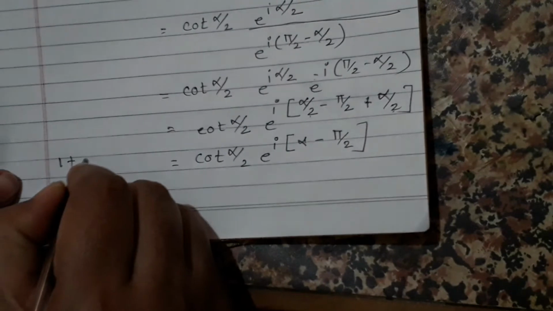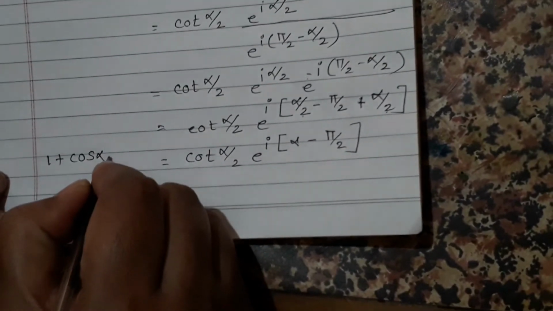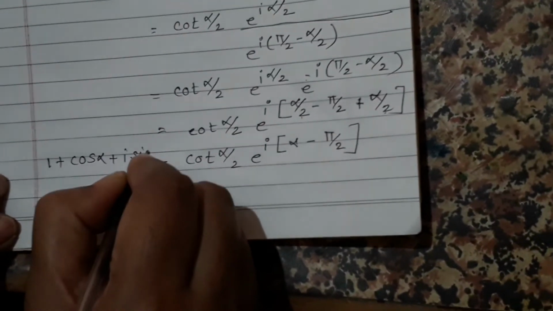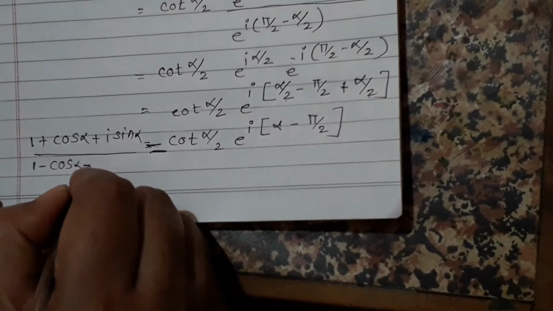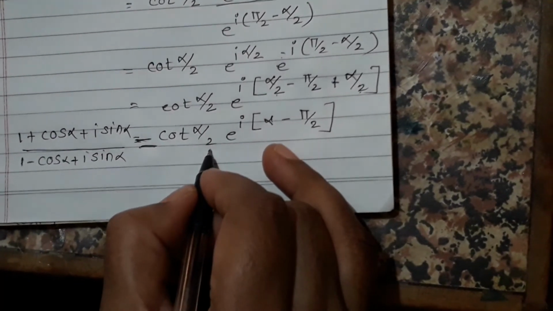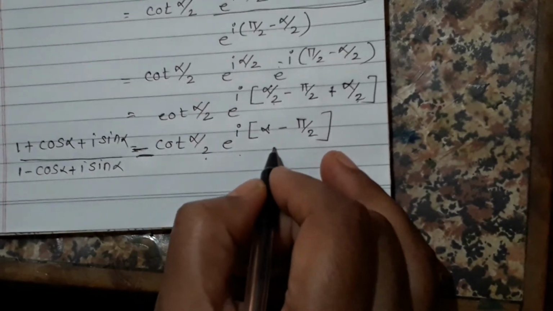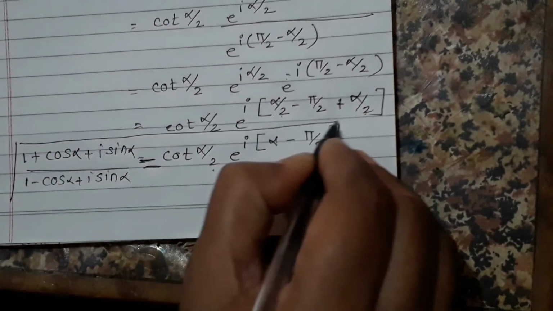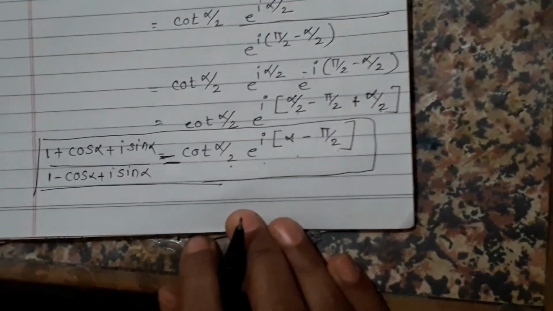So finally we can write (1 + cos alpha + i sin alpha) / (1 - cos alpha + i sin alpha) is equal to cot alpha by 2 into e raised to i into (alpha minus pi by 2). And that is the result which we have proved. I hope you understand that problem.